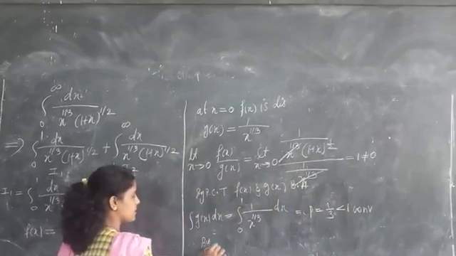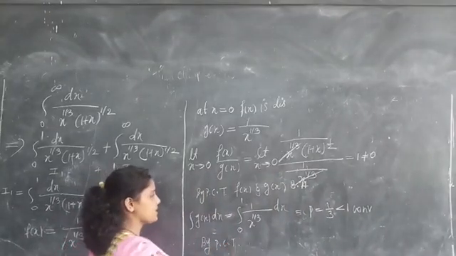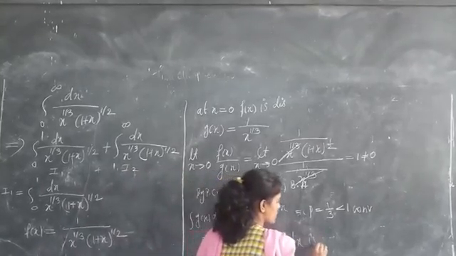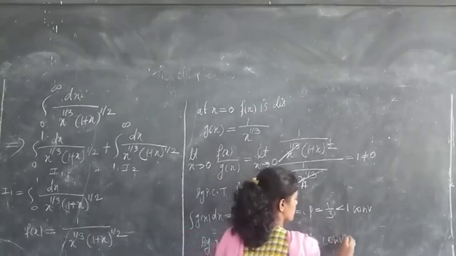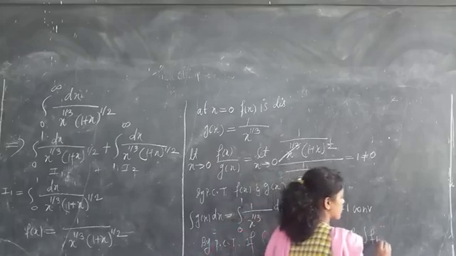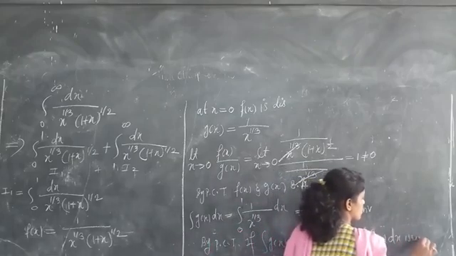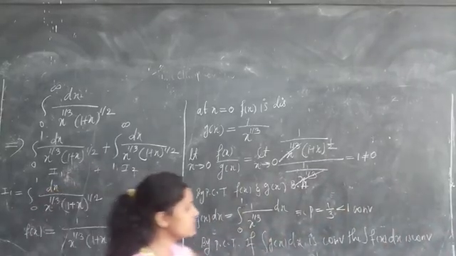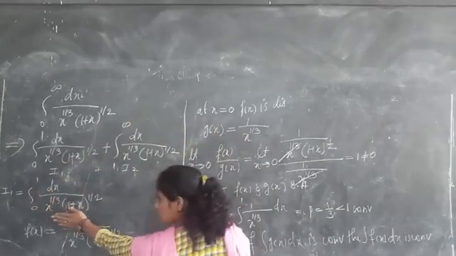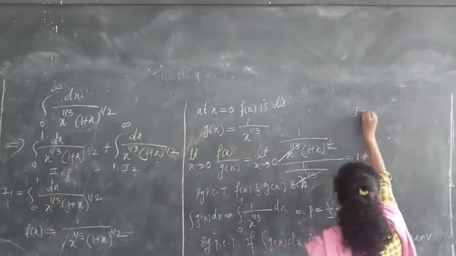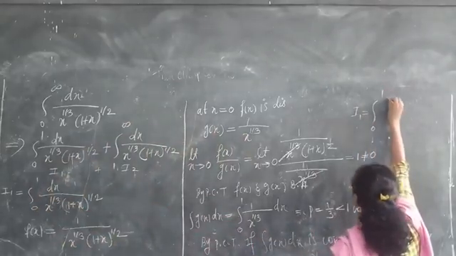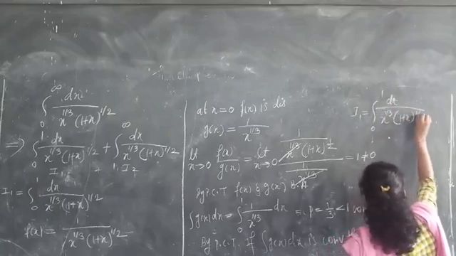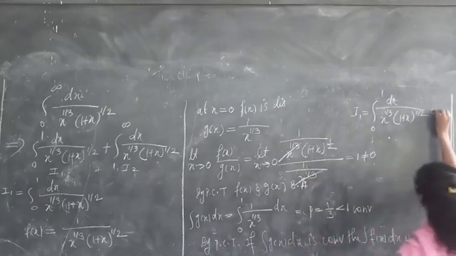Therefore, by the limit comparison test, if the integral of g of x dx is convergent, then the integral of f of x dx is convergent. So the given integral I1, the integration of 0 to 1 dx divided by x to the power 1/3 into (1 plus x) to the power 1/2, is also convergent.